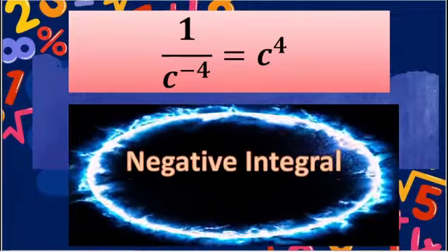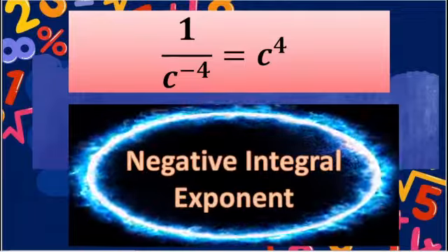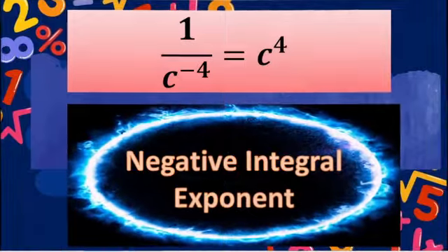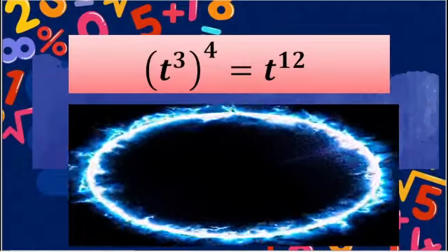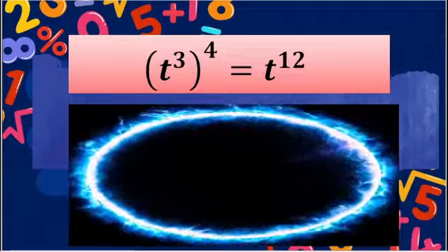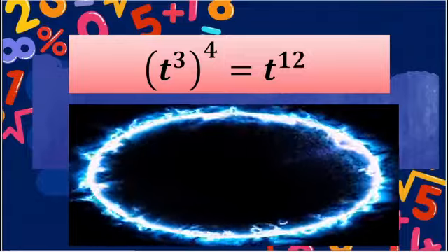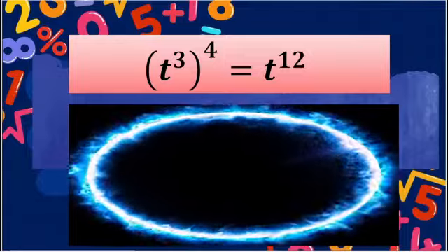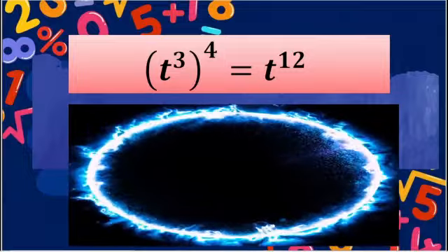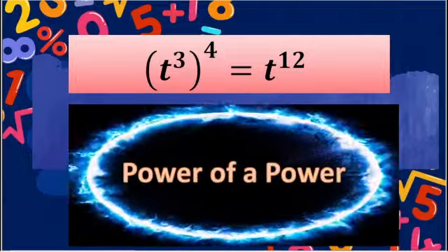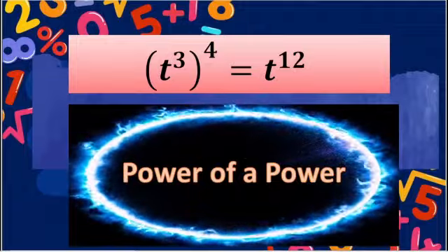If your answer is negative integral exponent, you are correct. Next. T cubed, quantity to the 4th power, equal to t to the 12th power. If your answer is power of a power, you are correct.